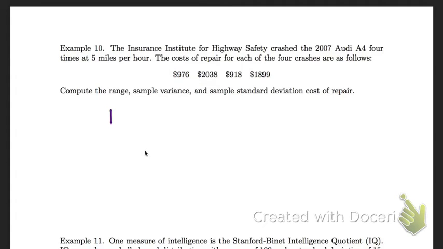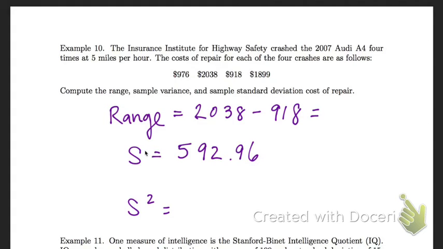You want the range, the sample standard deviation, and the sample variance. What do we get for range? I didn't calculate it. 1120. 1062. That's not what I got. Is this your standard deviation? I got 1120.